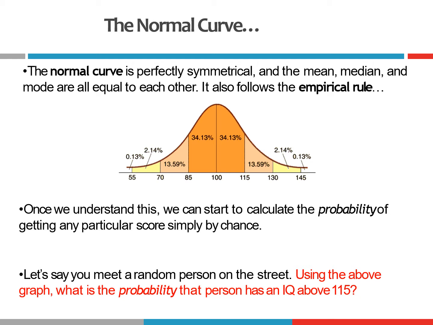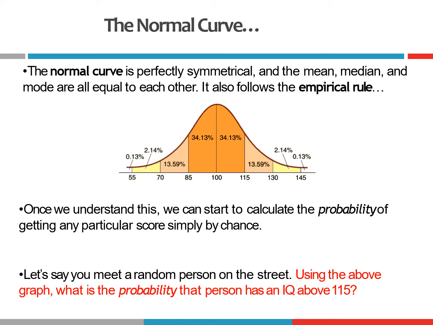Well, let's locate 115 on our graph here, right? So anyone who has an IQ above 115, right, the associated probabilities of a score above 115 are going to be included in the shaded area under the curve, okay, right where that line that 115 sits on, right?